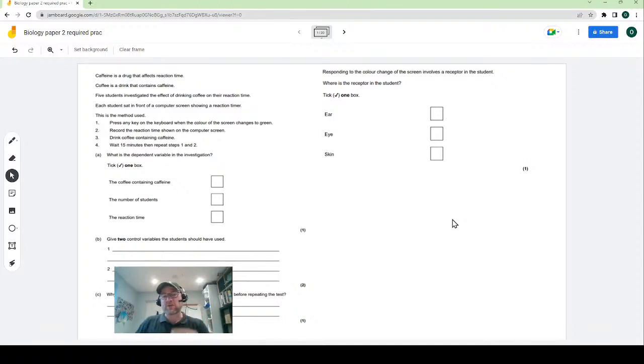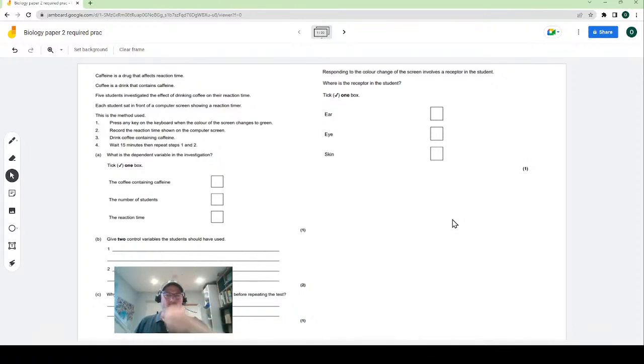And so with the catcher, this reaction time one, there's loads of variables you need to control, and in biology you can never control them all. But keep the finger and thumb the same distance apart. Have them catching with the same finger and thumb, so best to just use your index finger and your thumb, like that. We want 0 centimeters to be in line with the finger and thumb, but just make sure it's the same every time.